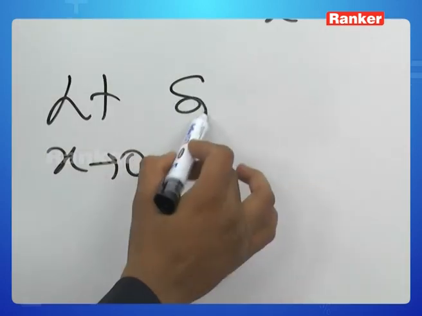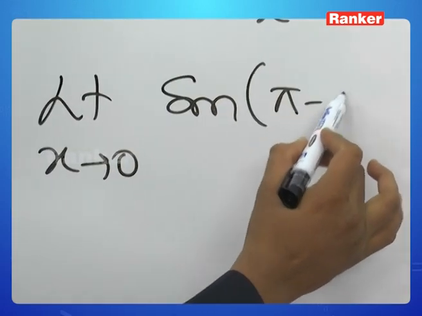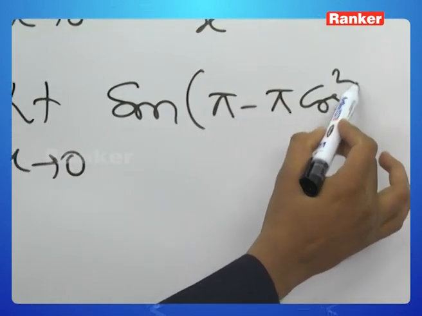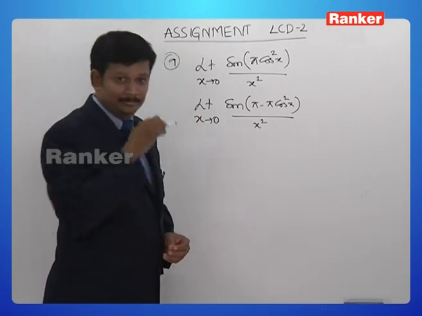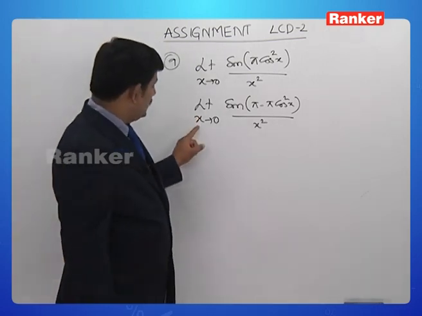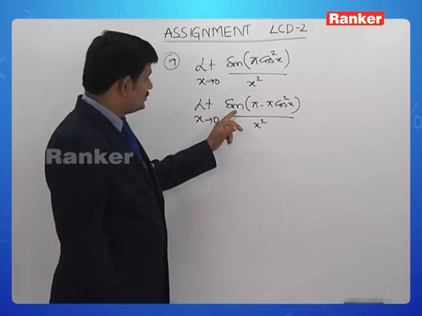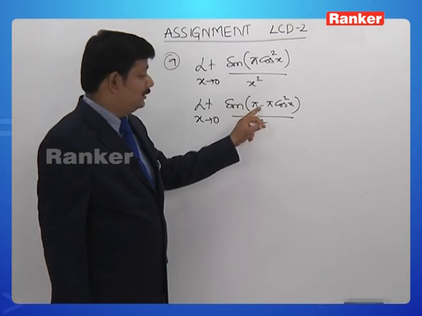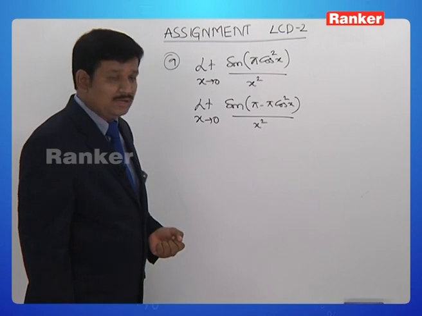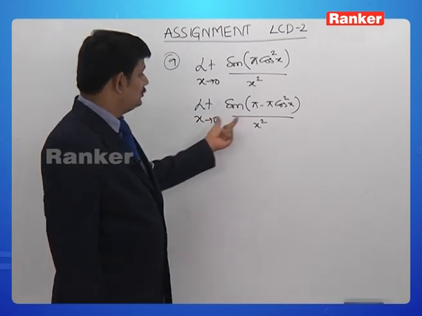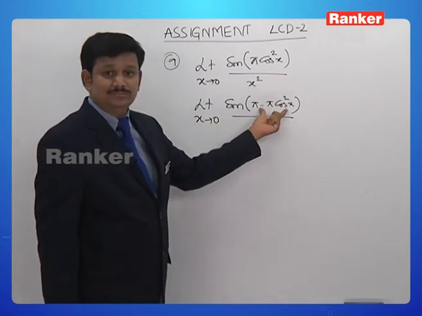So we can write this as sin of pi minus pi cos square x divided by x square. This limit can be written as limit x tending to 0 sin of pi minus pi cos square x divided by x square. Now as x tends to 0, this quantity tends to 0.